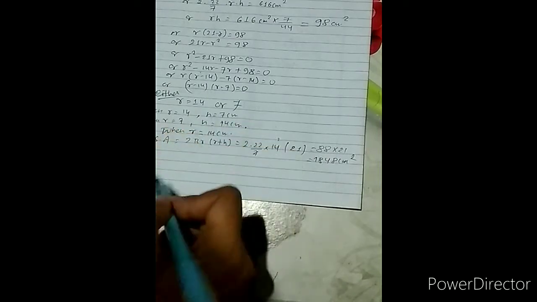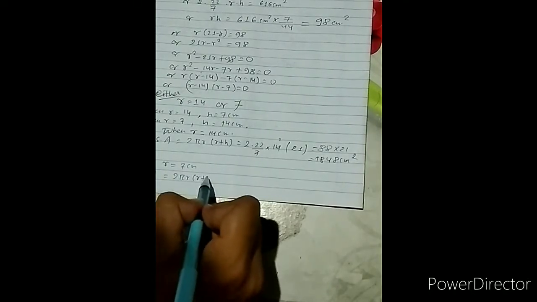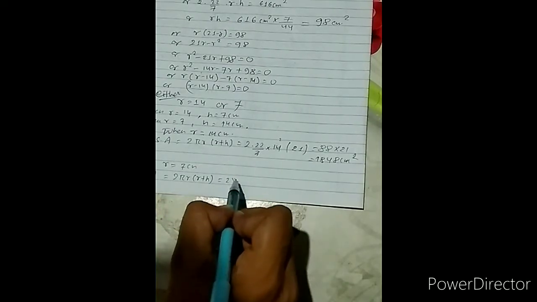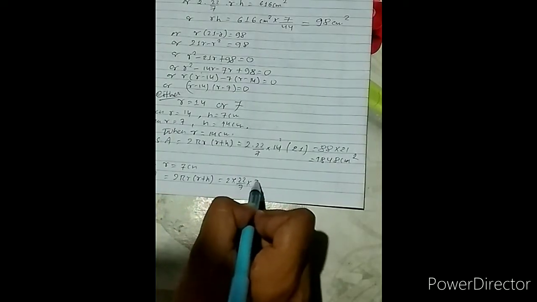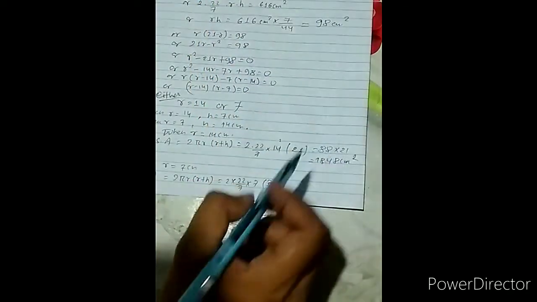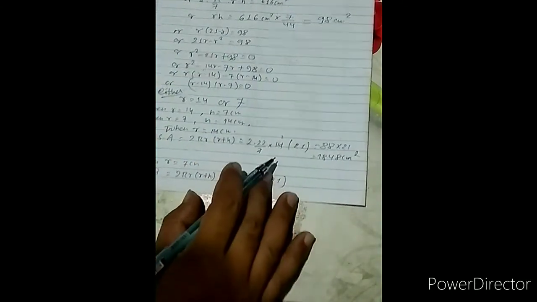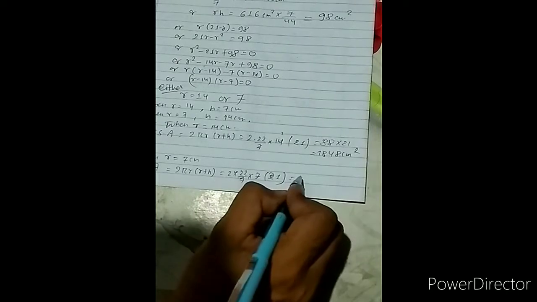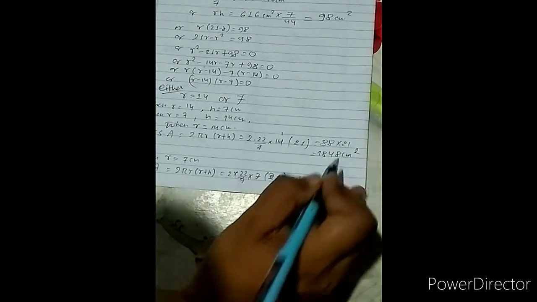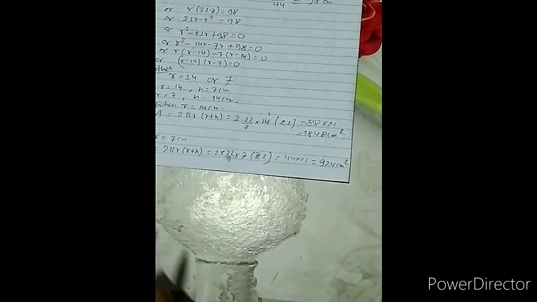Now if r is 7, then what you have to find next also. When r is 7 centimeter, TSA is equal to 2 pi r into r plus h, 2 into 22 by 7, r plus h is 21, because from here you can write directly, otherwise you can write 7 plus 14 also, same thing you get. 7 cancel, 44 into 21, that is 924 centimeter square.